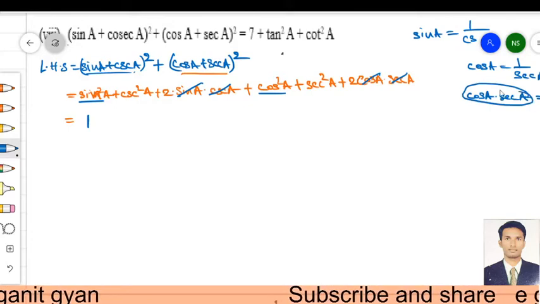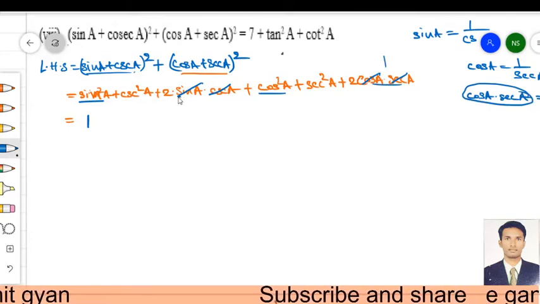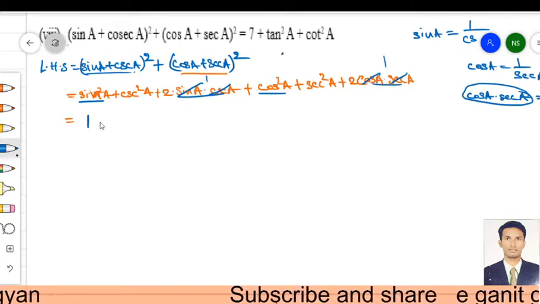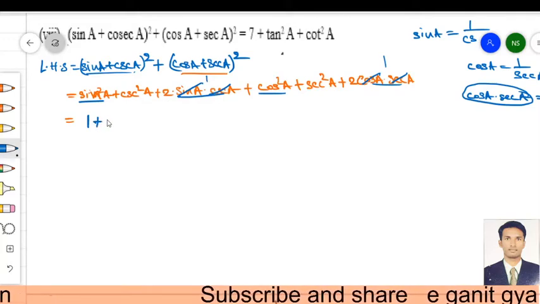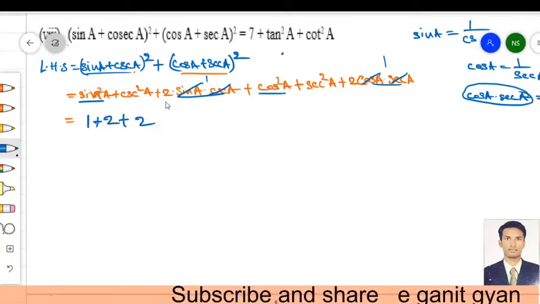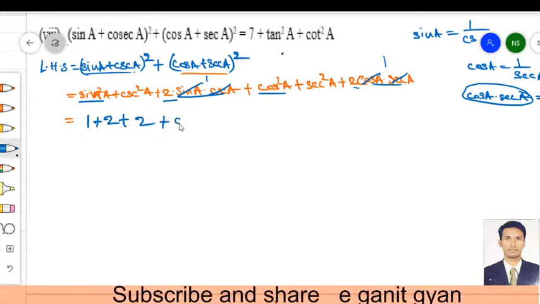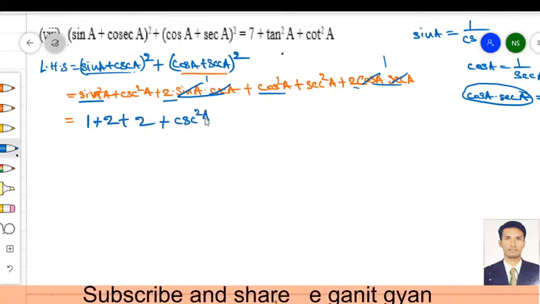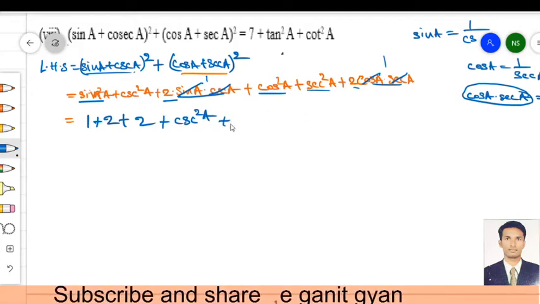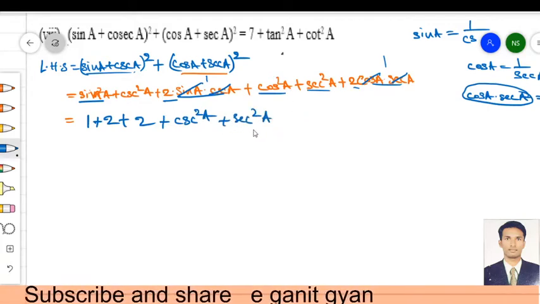Instead of cos a into secant a, we can write 1. Instead of sin a into cosecant a, we can write 1. So here I'm writing 2 plus 2, and what I am left with is cosecant square a and secant square a.